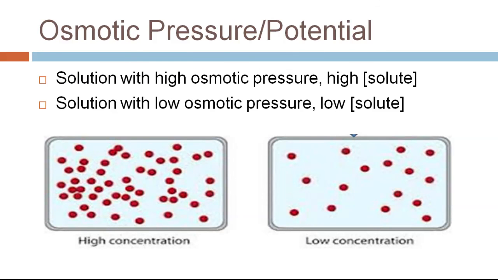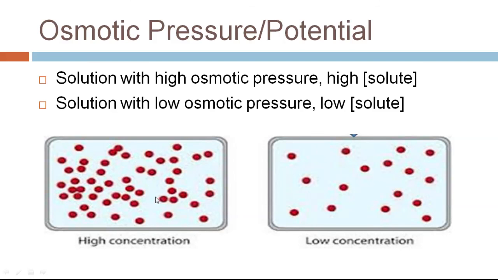And something to introduce you to, because you're going to hear about osmotic pressure, or sometimes it's called osmotic potential. So I want to make sure you're clear on what that is and don't be overwhelmed with this. A very easy way to think about it, I'm just simplifying this for you. This is not chemistry, but if you had a solution like this picture over here that has a high concentration of solutes, we say that it has high osmotic pressure, or you might say it has high osmotic potential, because it has the potential to draw water in, right?